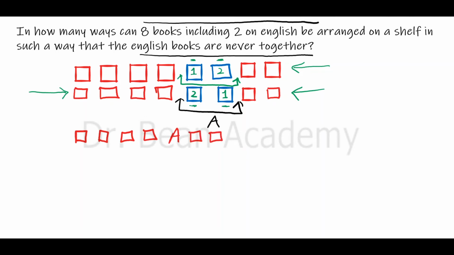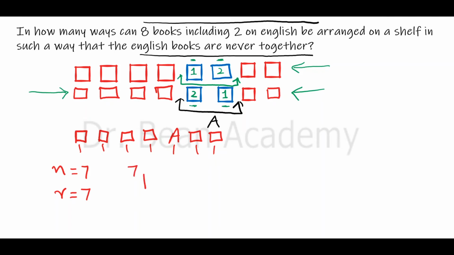So now how many choices do I have? 1, 2, 3, 4, 5, 6 and 7. So n is equal to 7. r is equal to 7, because I want to find the arrangement of 7 books, or whatever choices I have.